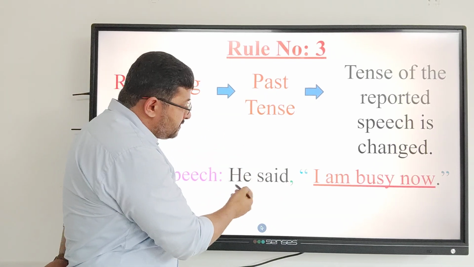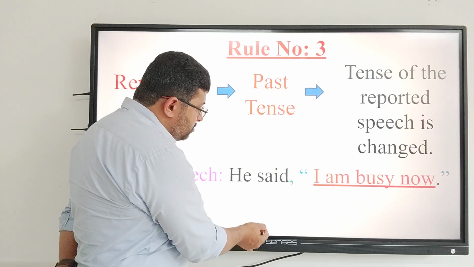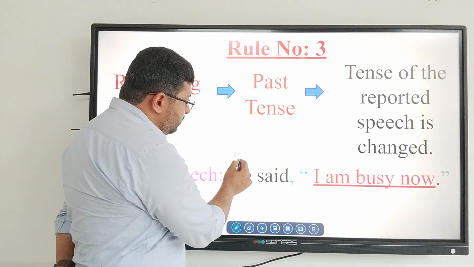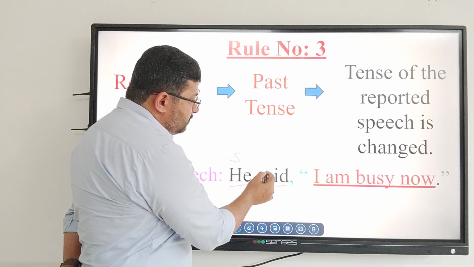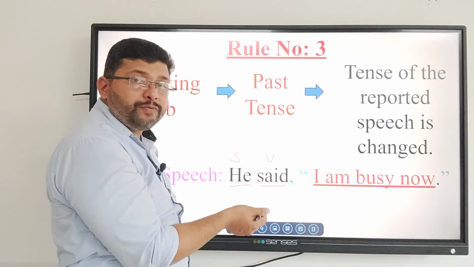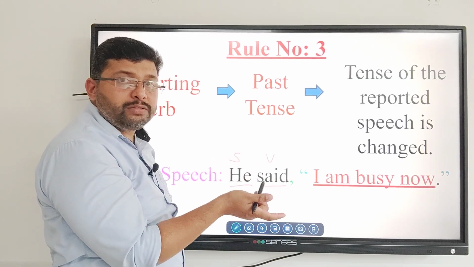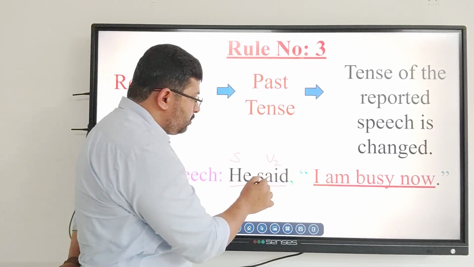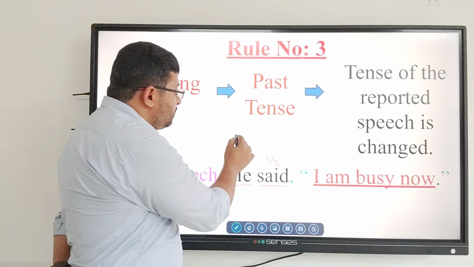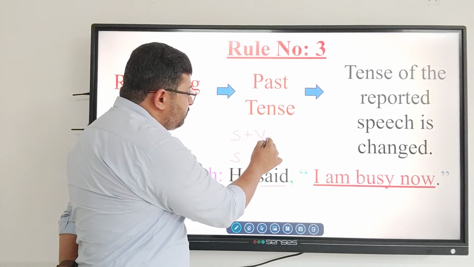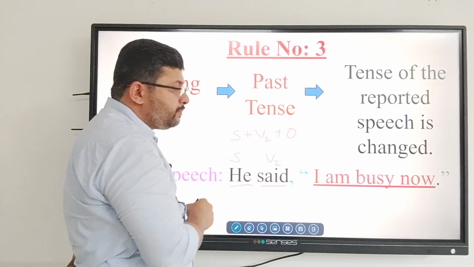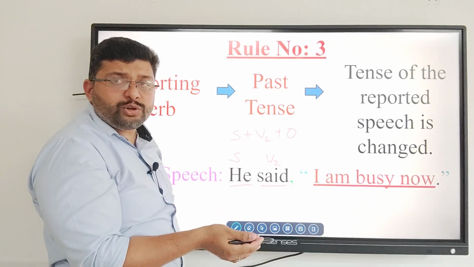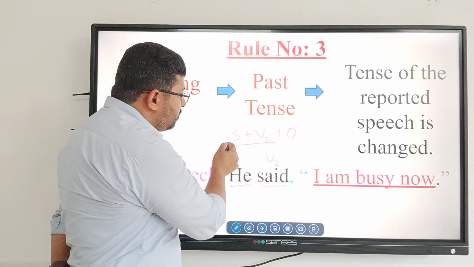But here, he said. How do we know that this is in past tense? See, subject. This is the verb. Which form? V1, V2 or V3? V2. V2 means past tense. Subject plus second form of the verb plus object. This is usually the structure of a sentence.